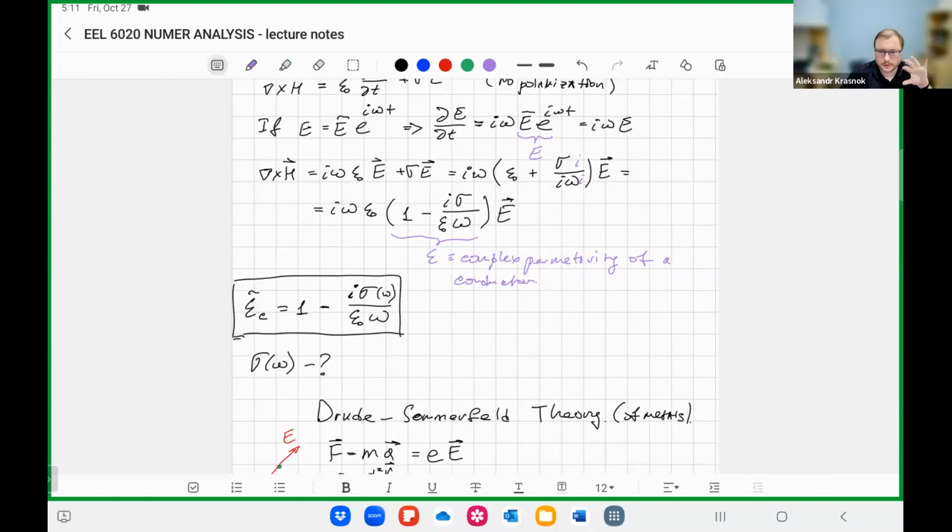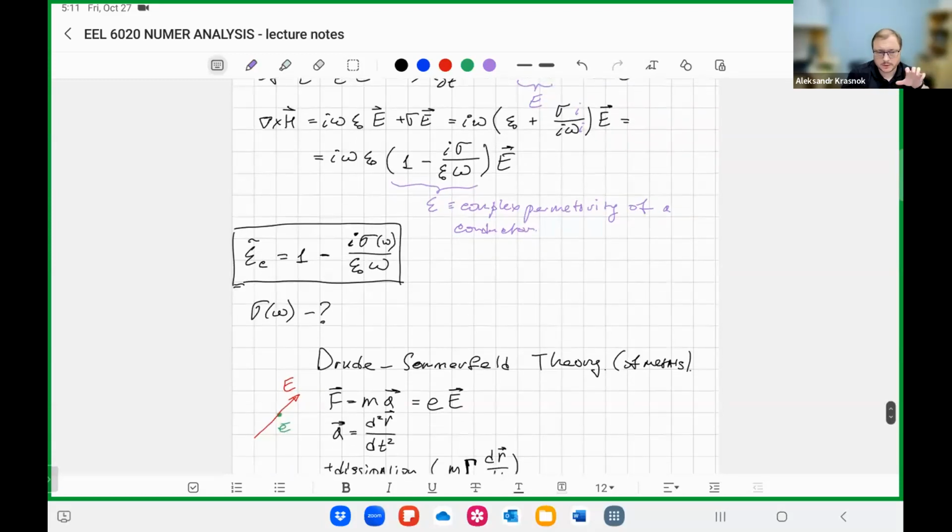The real part of this permittivity is 1, and the imaginary part comes from the conductivity sigma, which is a function of frequency, and of course this conductivity has a real part and an imaginary part.